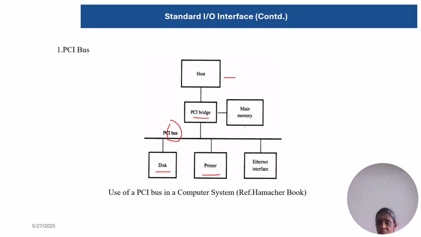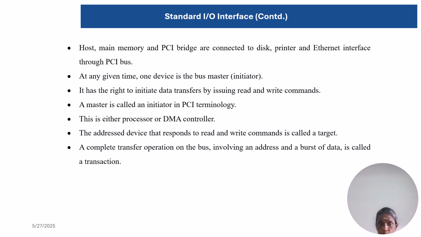So many devices can be connected. The host, along with the main memory and PCI bridge, is connected to disk, printer, and Ethernet interface through the PCI bus, as we have seen in the previous diagram.